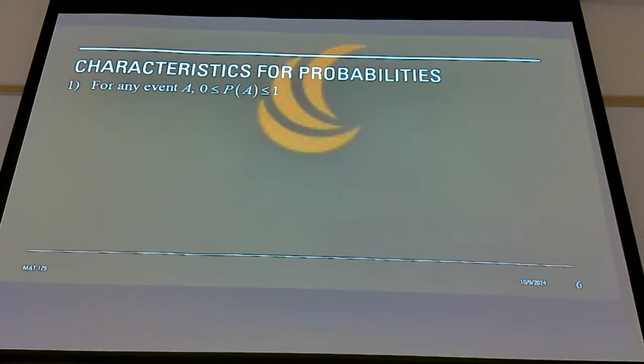You're taking the second exam. You're asked to calculate a probability. You get a probability of 1.1. You're not getting any credit. Because you should know you made a mistake. It's got to be between 0 and 1.